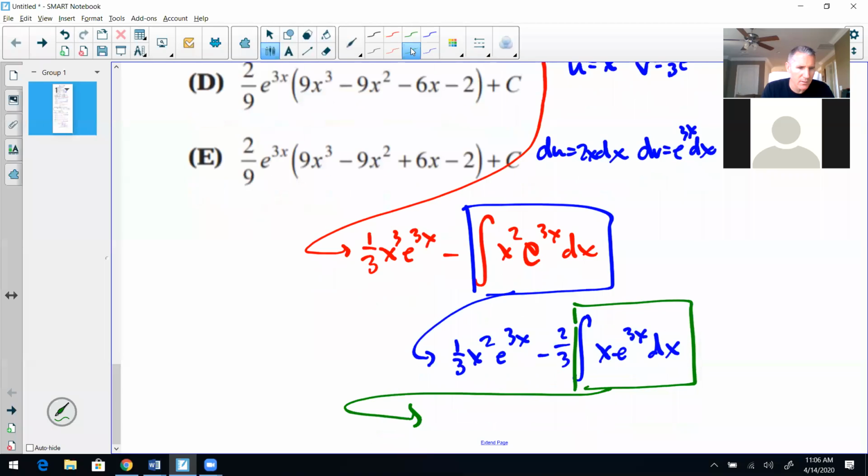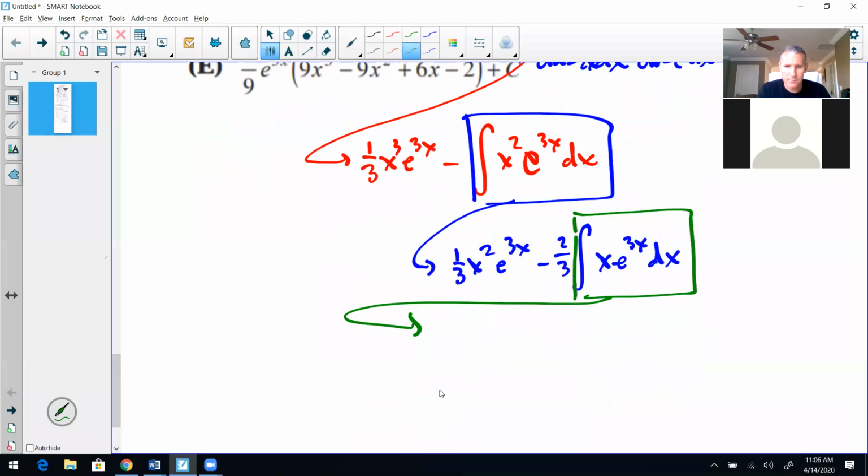Integration by parts, which kind of stinks. And there is a trick to doing integration by parts multiple times, but it's easier just to do it again. So here we go. u equals x and dv equals e to the 3x dx. So v equals 1/3 e to the 3x and du equals dx.